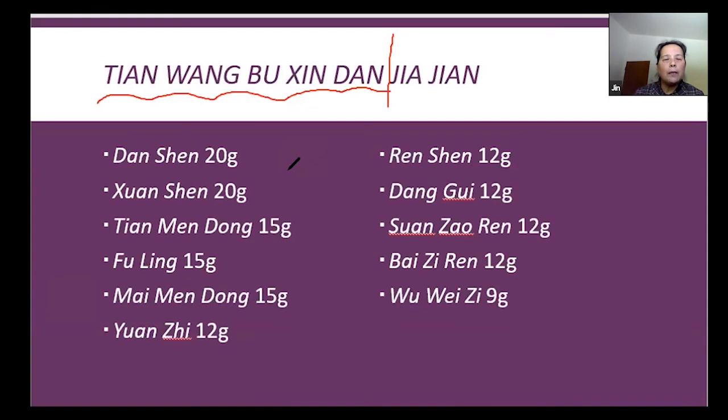Generally speaking, 天王补心丹 is typically a formula for nourishing heart yin, especially for people with heart insufficiency and difficulty sleeping. So that's typically a formula we can use. I'm sure this is in our CTCM list. It's pretty commonly used.